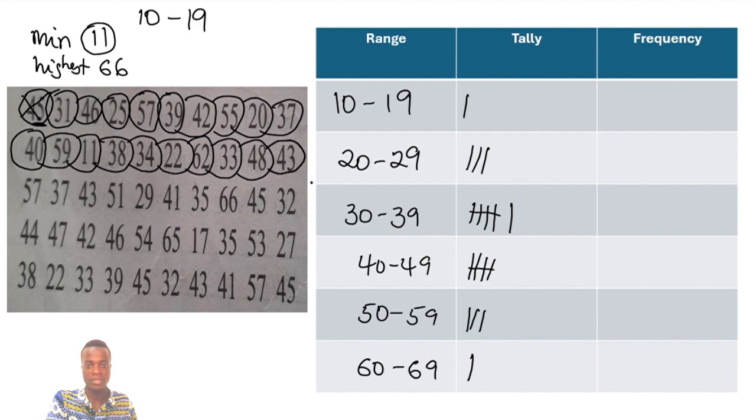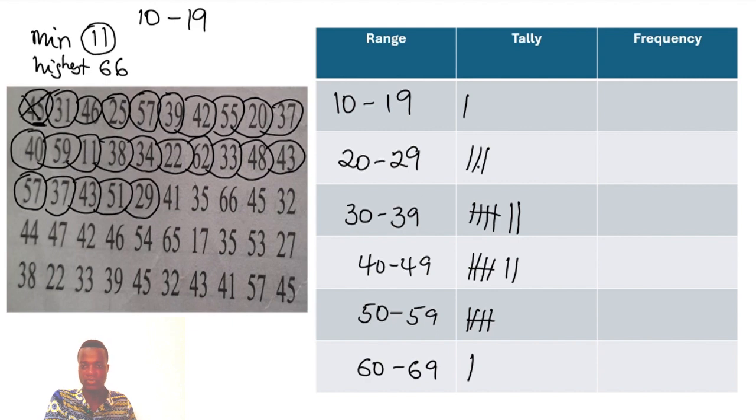Now we have 43, 57 will fall here. 37 will fall here. 43 will be here. 51 will be here. Yeah, one bundle for 51.